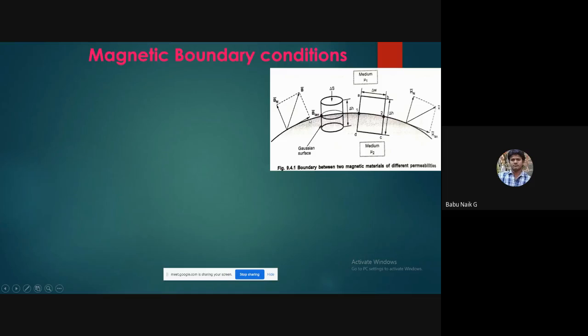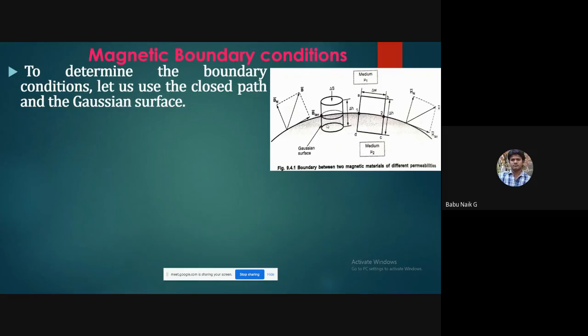From these two concepts we can calculate the magnetic field and magnetic flux density. So one is the Gaussian surface and the other is the closed path.